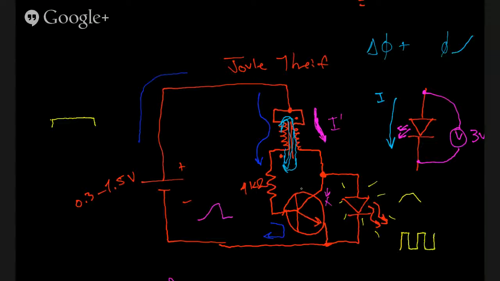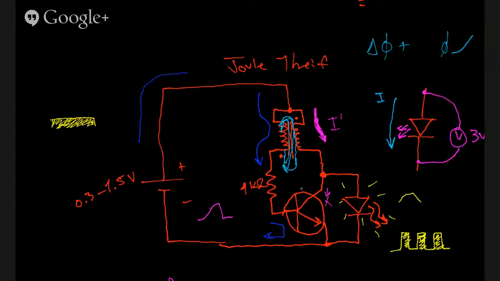So contrary to the name, we're not actually stealing any power, because the power is current times voltage, and if we look at our graph here, the area under the curve would be the same on the output. So we're not stealing any power, we're just using it more wisely.